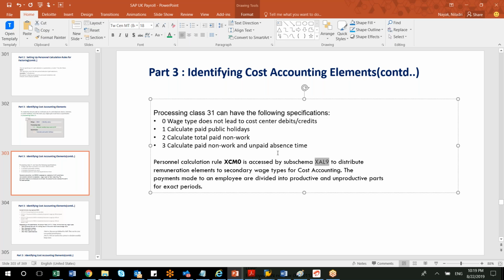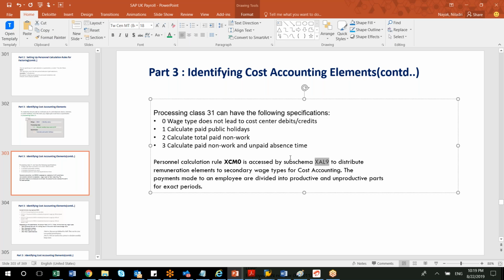But from a consultant point of view, this is just for understanding. You will only get these things whenever you run the payroll, and if there is a deviation, then you can come and check this PCR or schema, whatever it is, and do the analysis. So this is from an analysis point of view. Ideally, I have not seen people configure this very specifically.